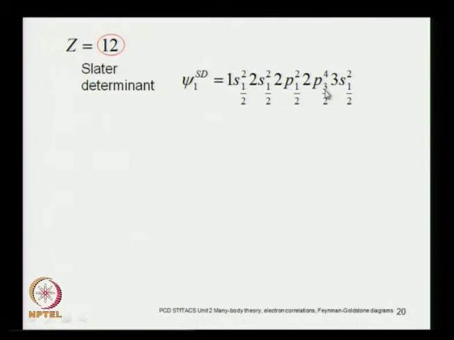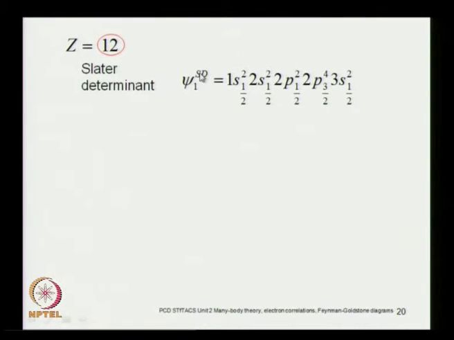For each J, m_j can take several values. For J equal to 3/2, m_j can take 3/2, 1/2, minus 1/2 and minus 3/2. So, it has a 4-fold degeneracy, and for J equal to 1/2 you have a 2-fold degeneracy. For J equal to 1/2, m_j can be plus 1/2 or minus 1/2. So, this is your configuration.